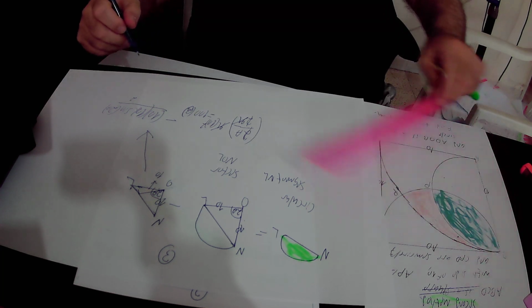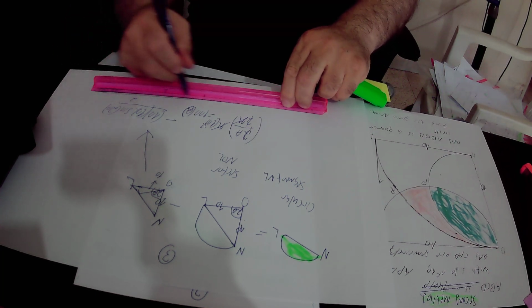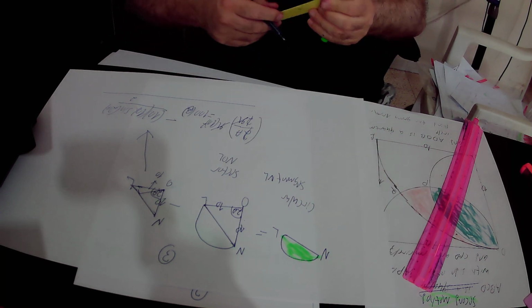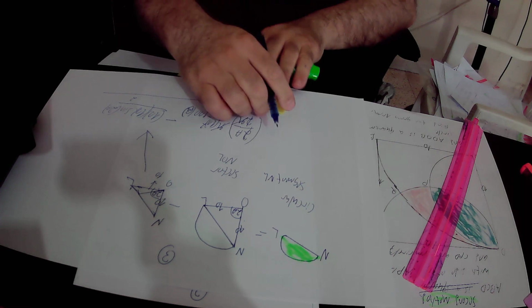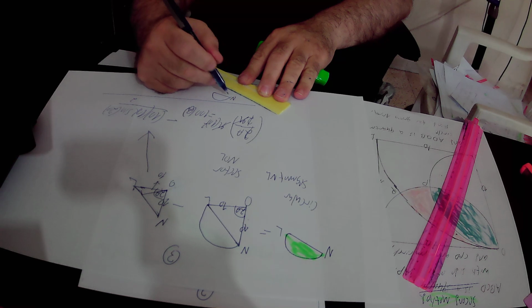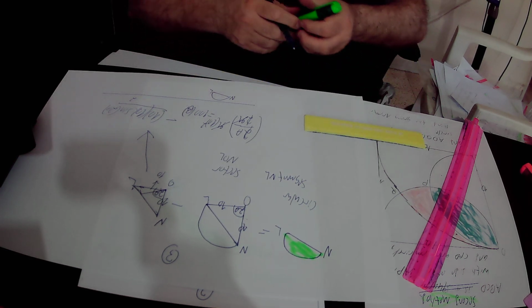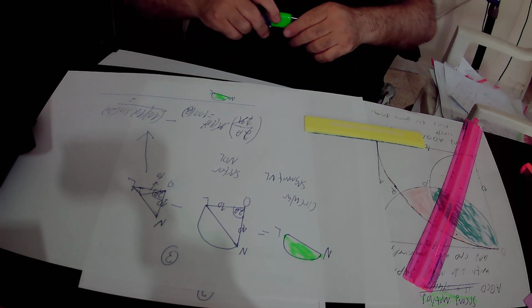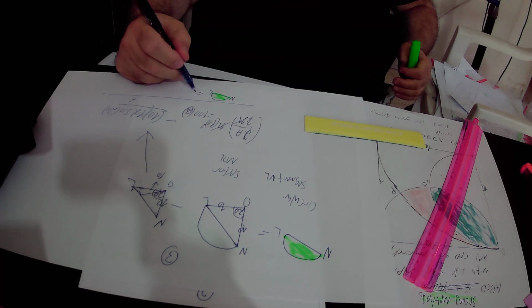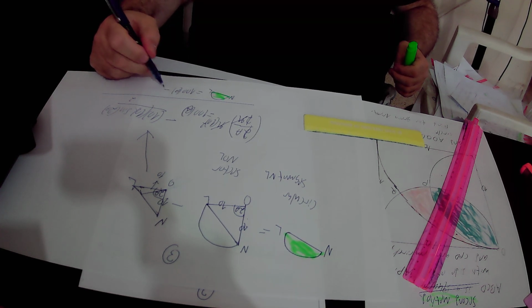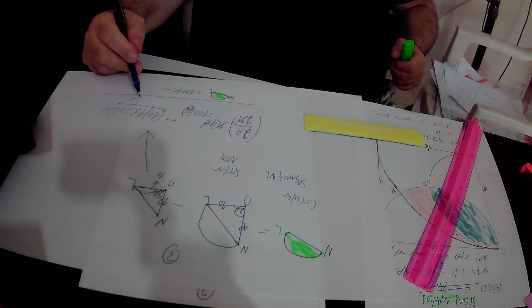In conclusion, we found out that the area of the upper circular segment NL is equal to 100 times theta minus 10 times 10 is 100, and 100 over 2 is 50.